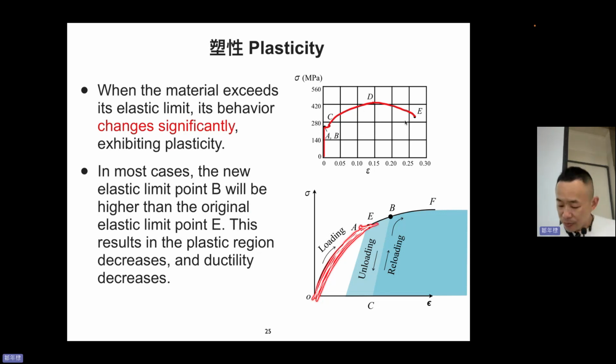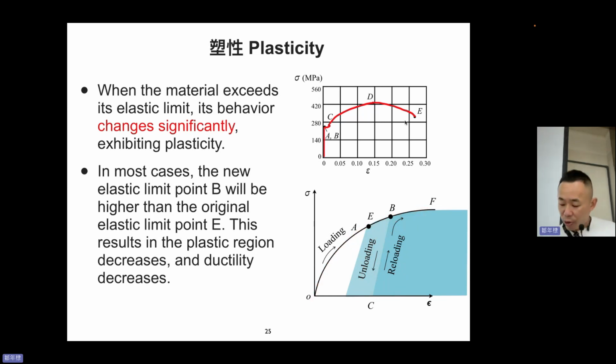the elastic limit E, it will start to go back to here, loading, unloading to here, and then if you load again and exceed that, it will come to a new point. And then you load again, and you will go back to the original path, and then unload.